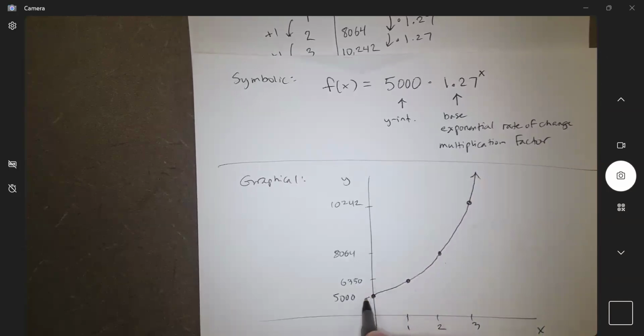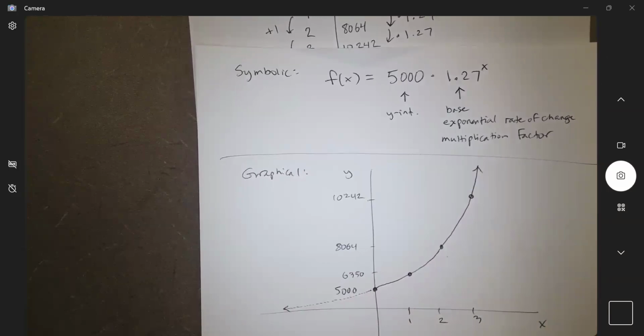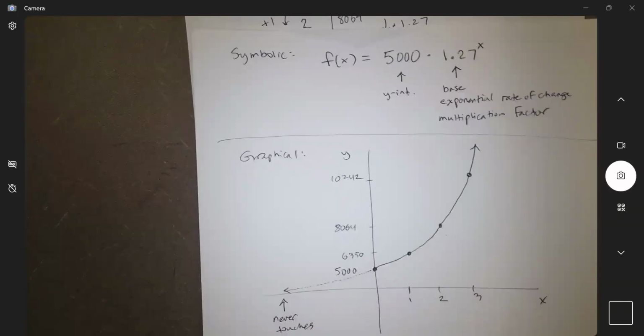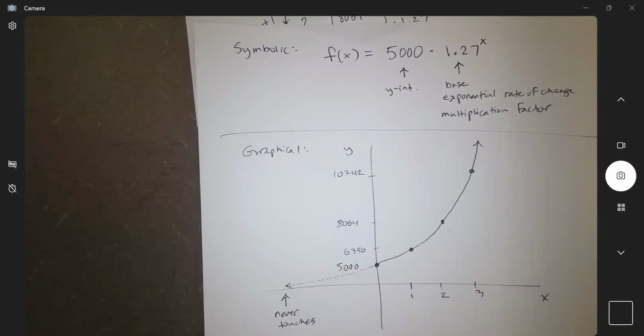And if we were to extend it down, which we probably won't in this case, we're talking about bacteria starting from day 0, but it'll curve down toward the x-axis like this. It actually never touches. A basic exponential function will never actually touch the x-axis.